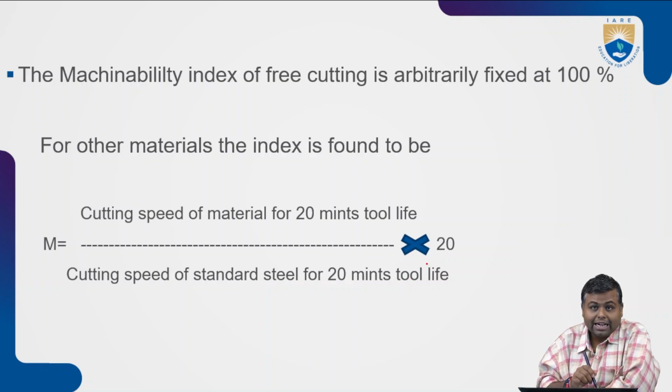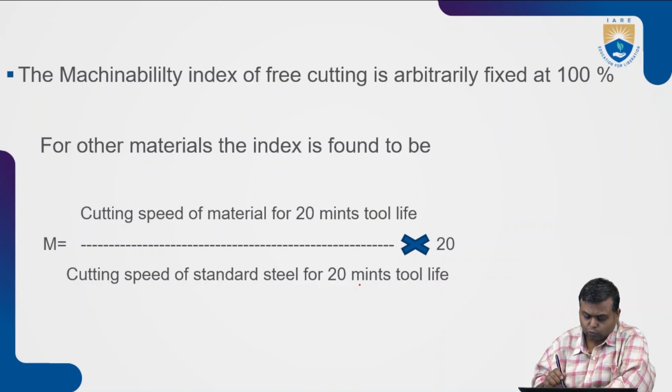So this indicates the use of the cutting speed for a material with respect to a tool life of 20 minutes, compared against the standard cutting speed of the steel, which also sustains a tool life of 20 minutes, into 100. So all are 20s.